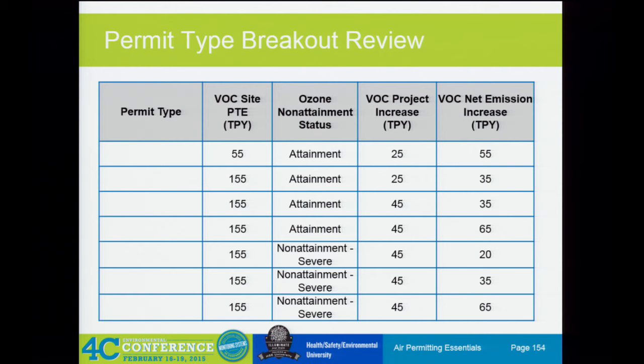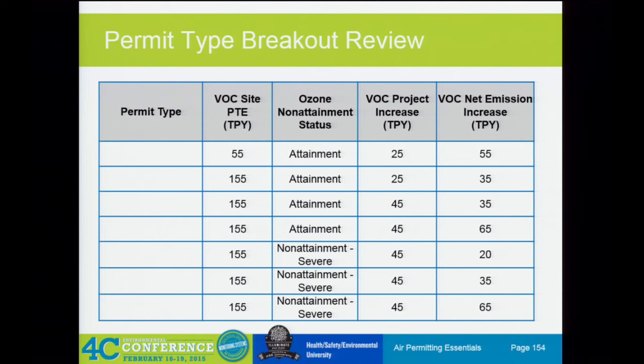So if you're in Texas and you're non-attainment, that project increase is compared to 5 tons. We listed out major modification levels for PSD and for non-attainment. As a general rule of thumb, the non-attainment threshold to trigger netting, in this case what Matt is referring to as the netting threshold, can vary based on the non-attainment area that you live in. In Texas we have it at 5 tons per year for a severe non-attainment for ozone.